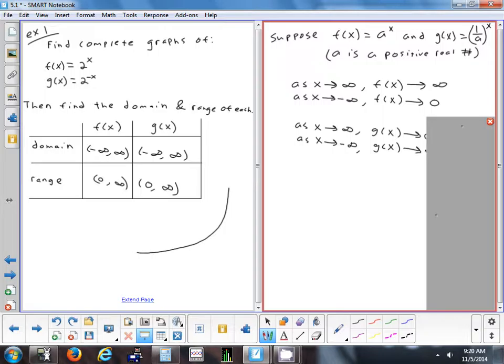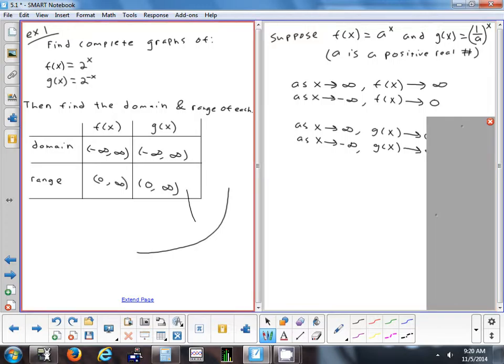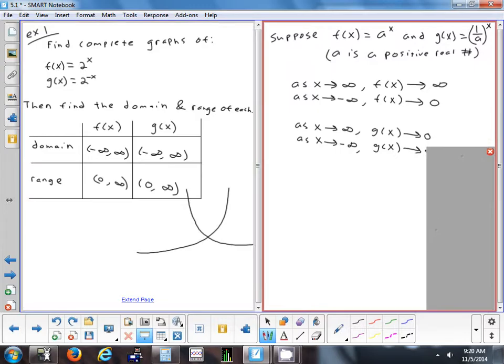Yep, 0. G of x is the one that looked like that. Okay, so this time it's approaching 0. And then as for g of x, if x heads towards negative infinity, so does y. Right? So the behavior kind of switches around, but it's similar.